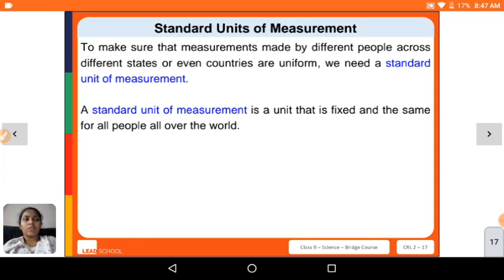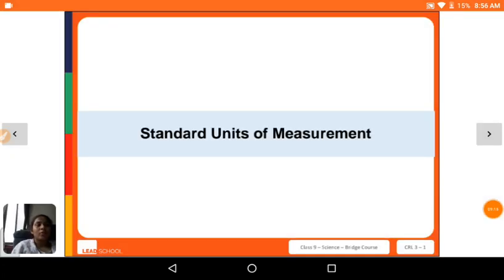As I already told, it should be fixed and the same for all the people in the world. So we have learned that we need standard units of measurement to maintain uniformity. Now let's study some standard units of measurement which are used by the world.